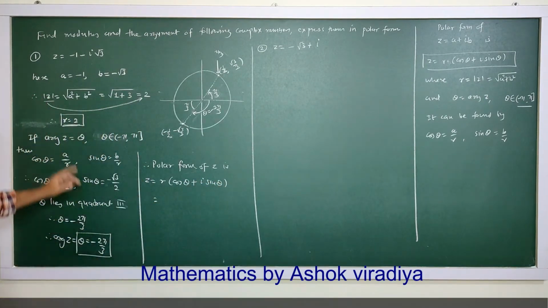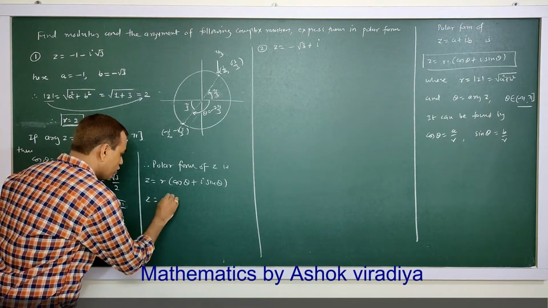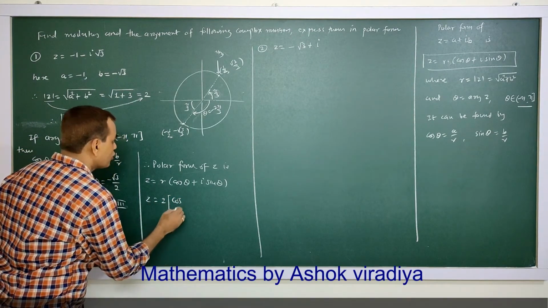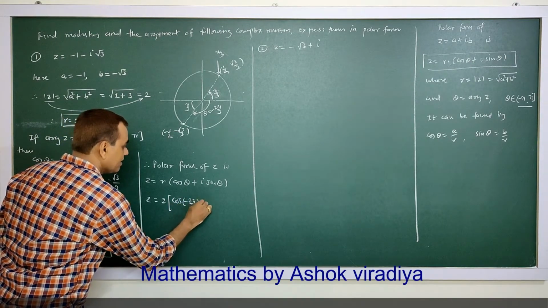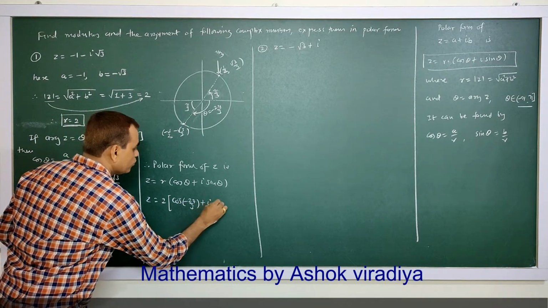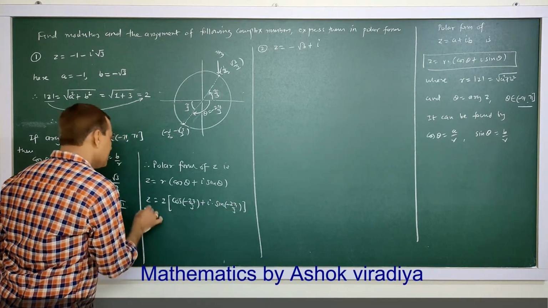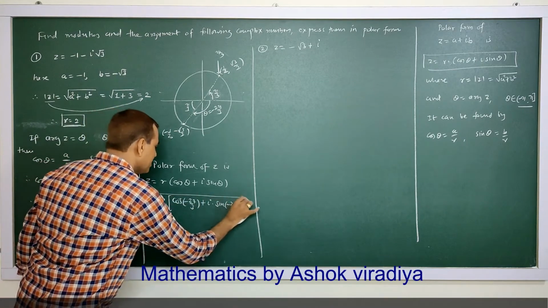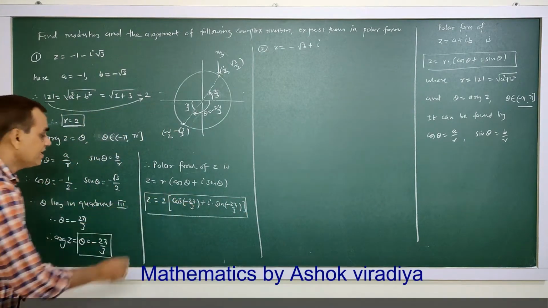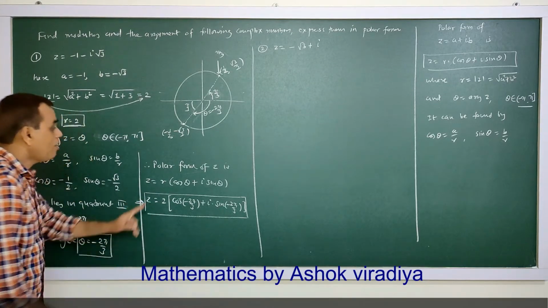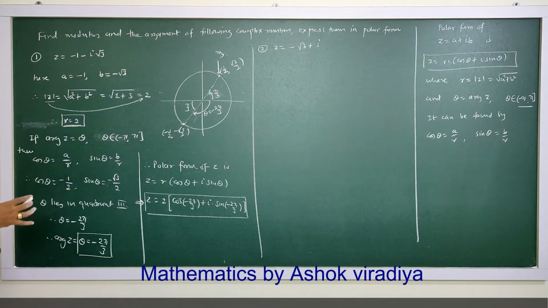Therefore r is 2, cos of minus 2 pi by 3 plus i into sine of minus 2 pi by 3. So z equals r into cos theta plus i sin theta is said to be the polar form of z. So this is the method.